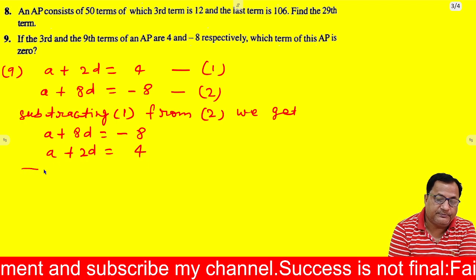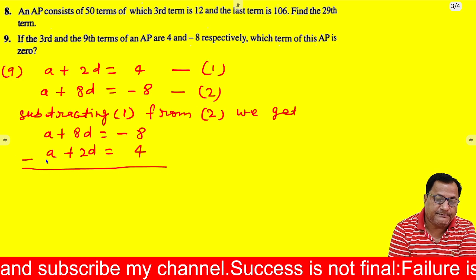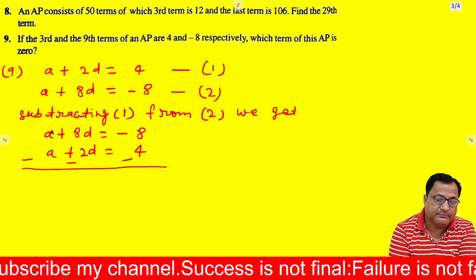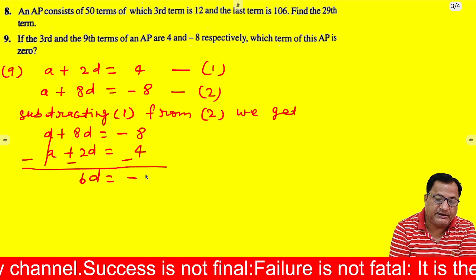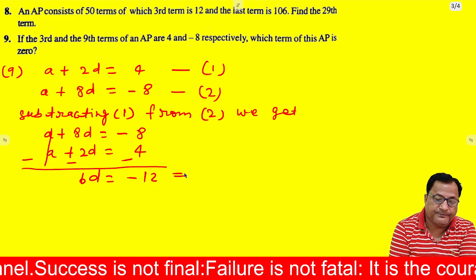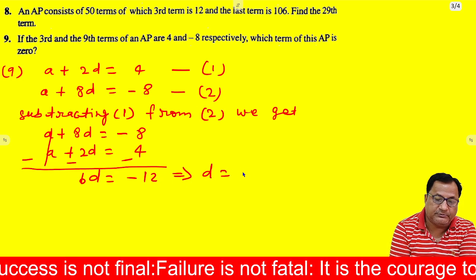If you subtract this, minus minus minus. Cut. 6d is equal to minus 12. d is equal to minus 2.